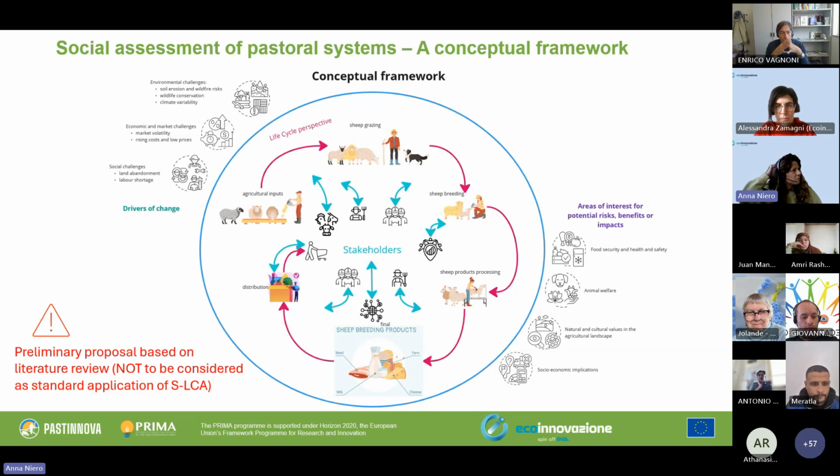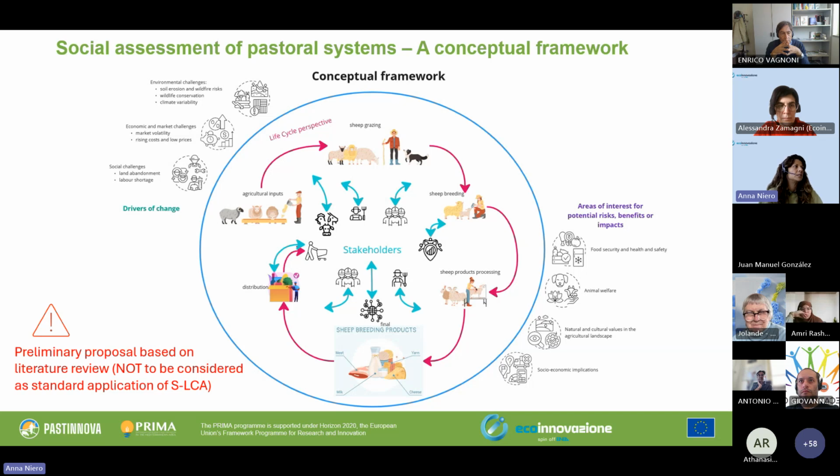So what we found out through a literature review and based on the expertise of the colleagues working on the Pastinova project is that we identified the stages of the life cycle to be considered, which are represented by the agricultural inputs to be used for the sheep grazing.